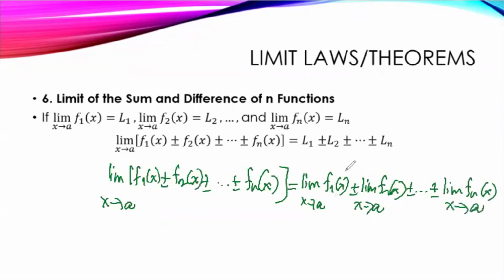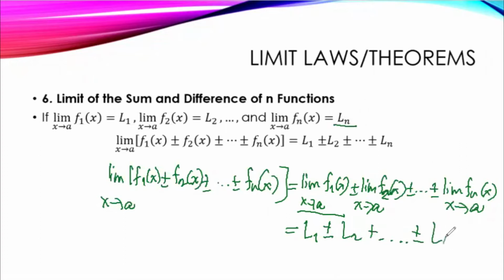Now by the assumption, the limit of f sub 1 of x as x approaches a is L sub 1. The limit of f sub 2 of x as x approaches a is L sub 2, so we have plus or minus L sub 2, and so on up to the limit of f sub n as x approaches a, which is L sub n.